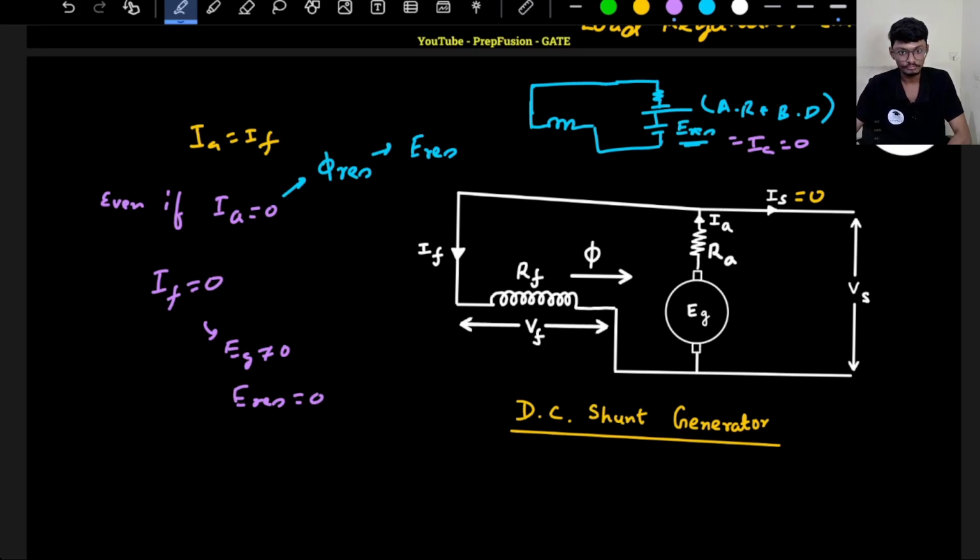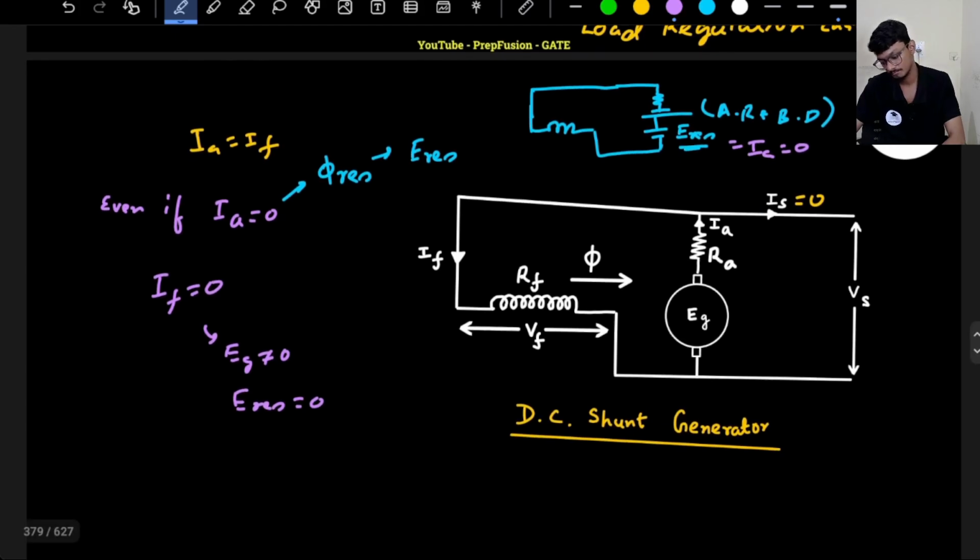Now what will happen in case of a shunt machine? I have discussed that if my residual voltage is lower than the armature reaction plus brush drop, this was case 1.